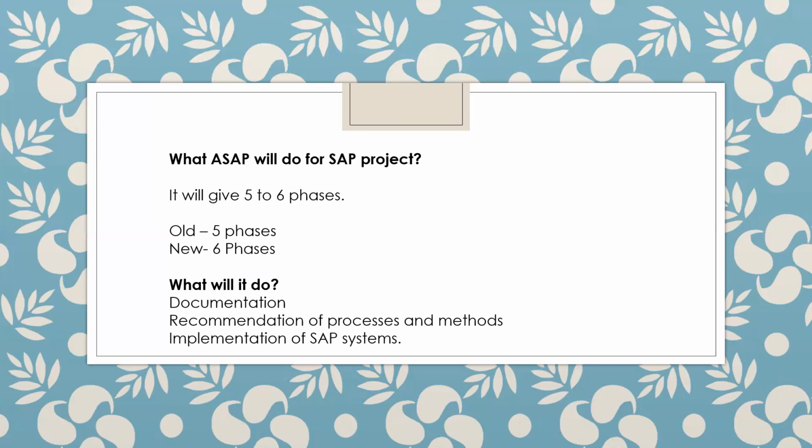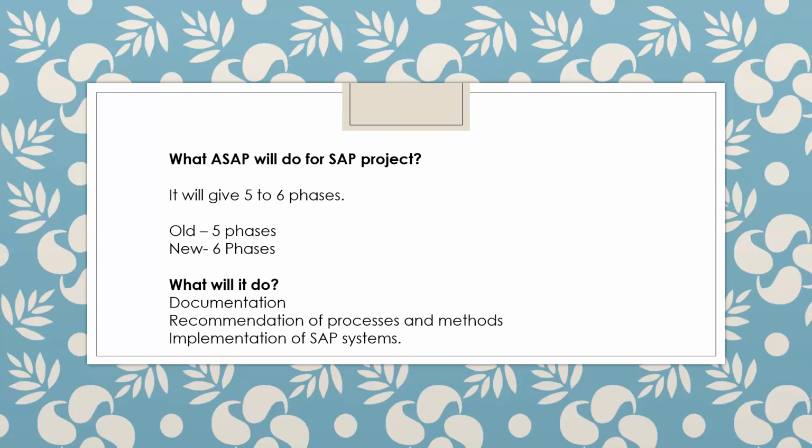For S4 HANA there are different phases that I will explain maybe in another video specifically for S4 consultants, or else it's not a big deal, it's more or less similar, but slight differences are there according to the current conditions when you are going to implement a project. Generally it will have 5 to 6 phases. The old one had 5 phases, in the new one more phases were added. I'll try to add that once I explain the 5 phases of ASAP.